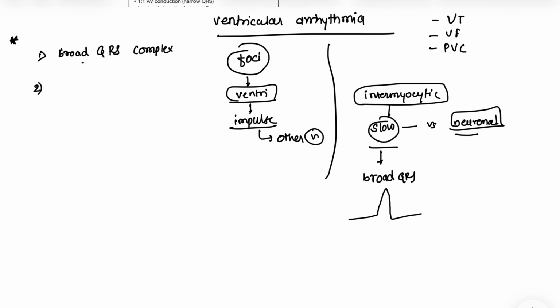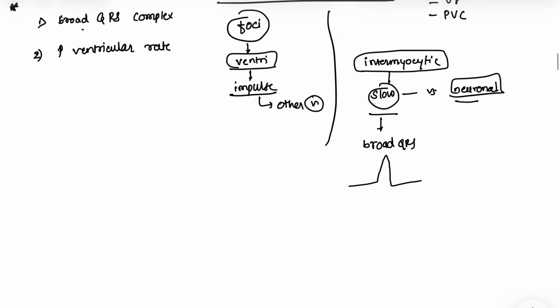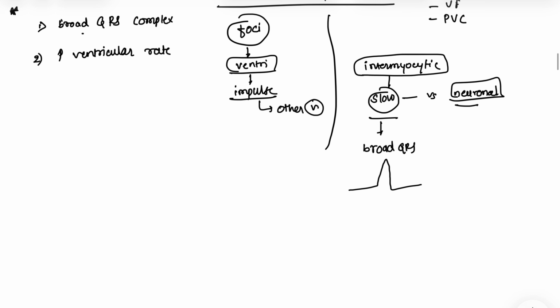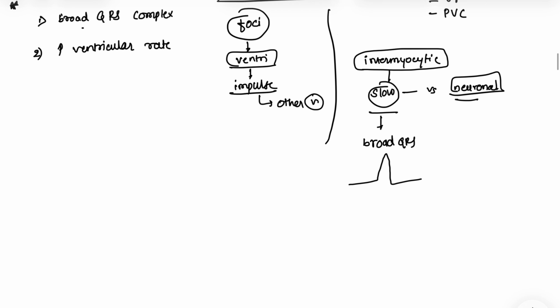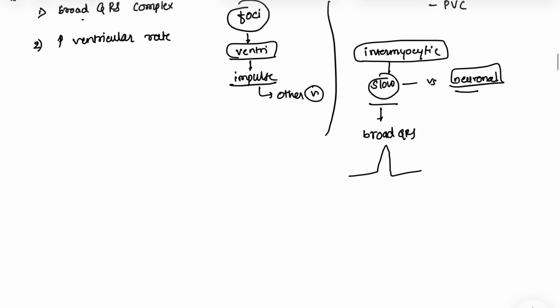The second one is increased ventricular rate. So the basic ECG findings that we are going to find in every ventricular arrhythmia are a broad QRS complex and increased ventricular rate.